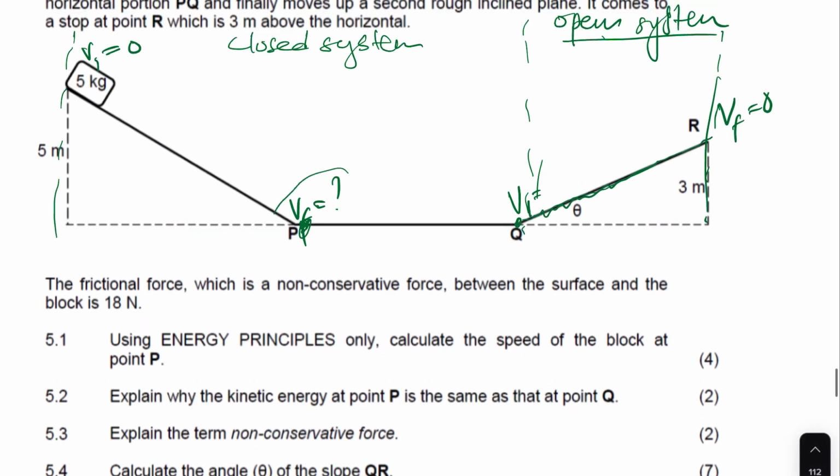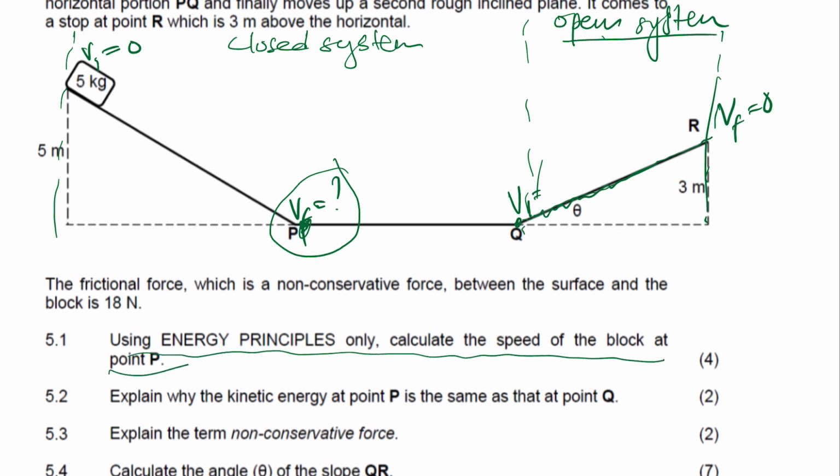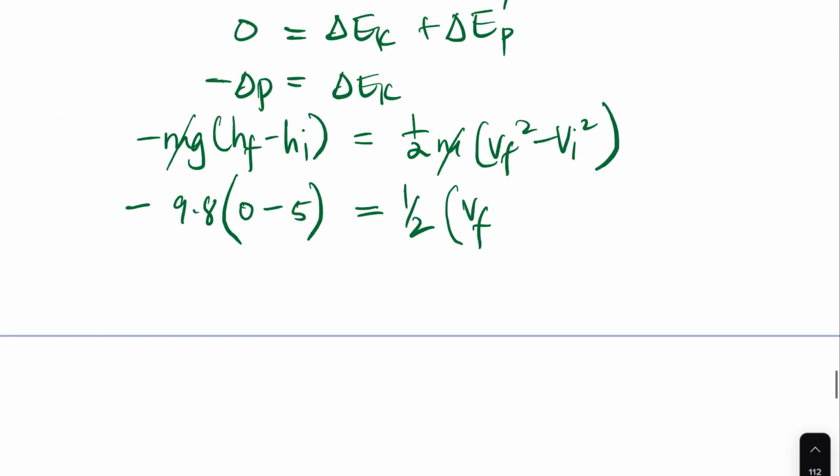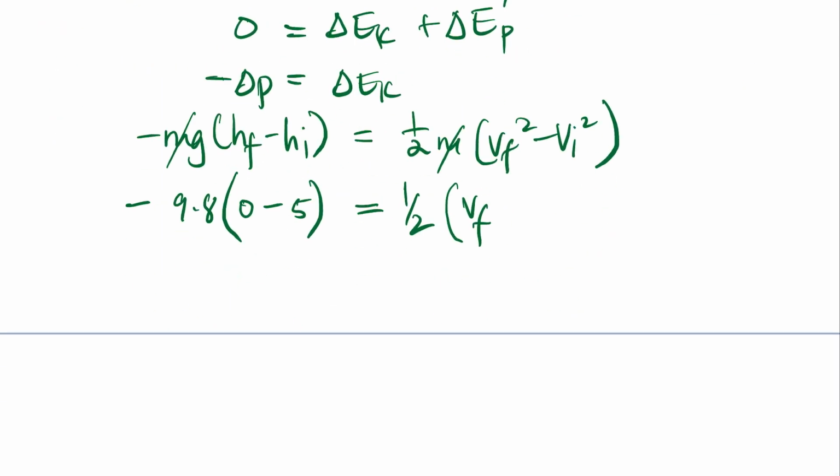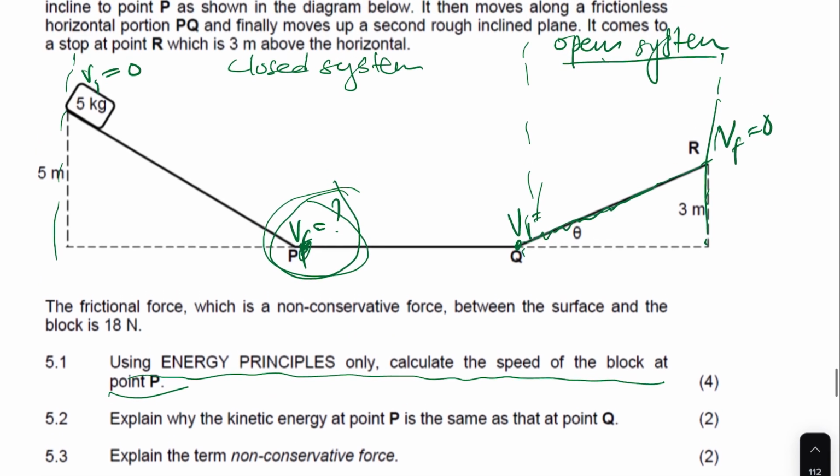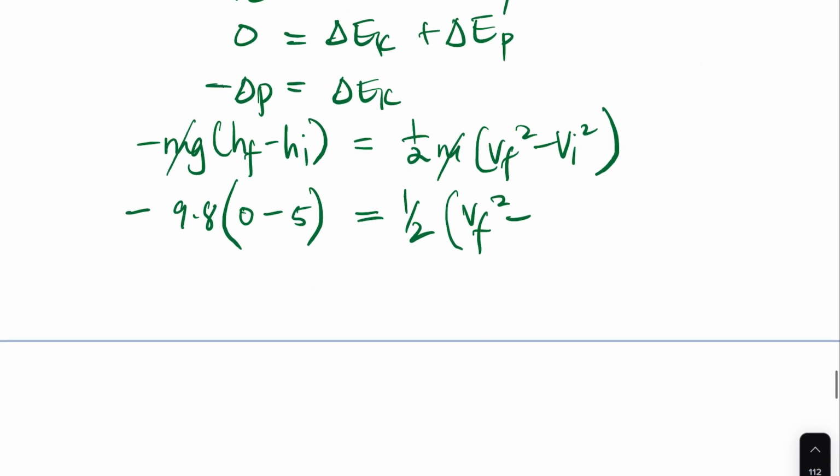We want this velocity here at P, to calculate the speed of the block at P. The initial velocity, it started from rest, is going to be 0 squared. So this side, it will be 0.5 vf squared.